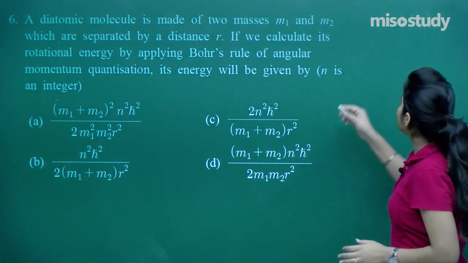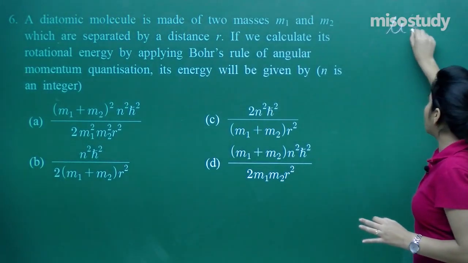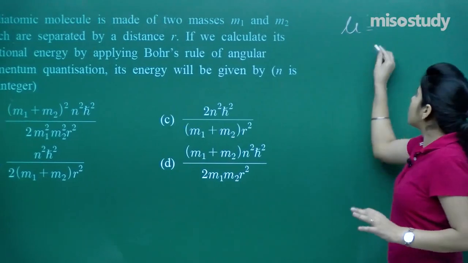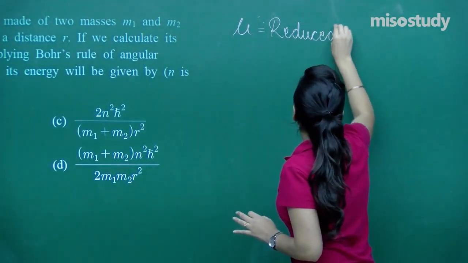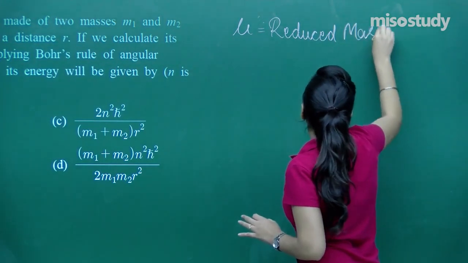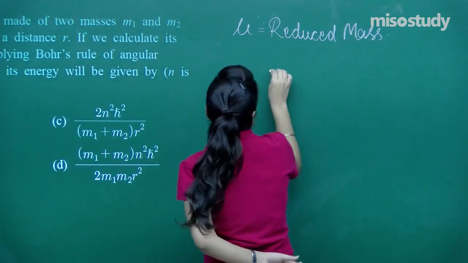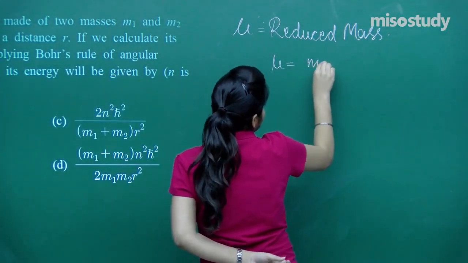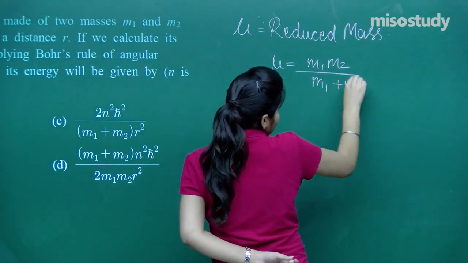This reduced mass is denoted by mu. So let me write over here, this is reduced mass. The value of the reduced mass will be mu equals M1 M2 upon M1 plus M2.